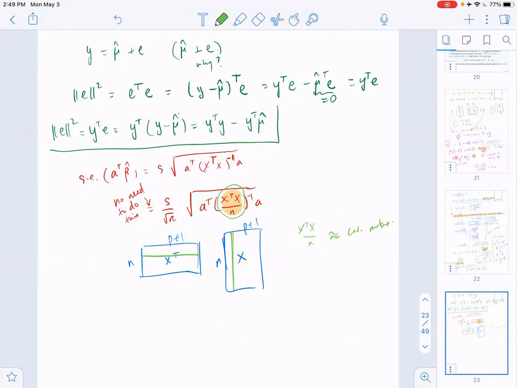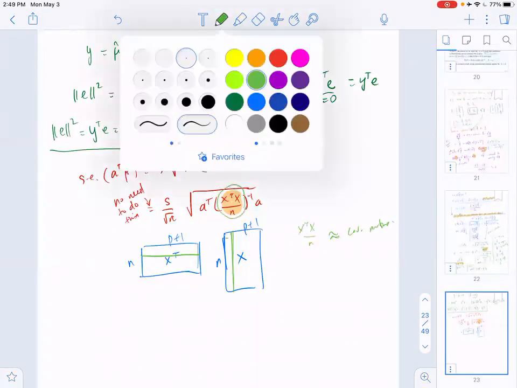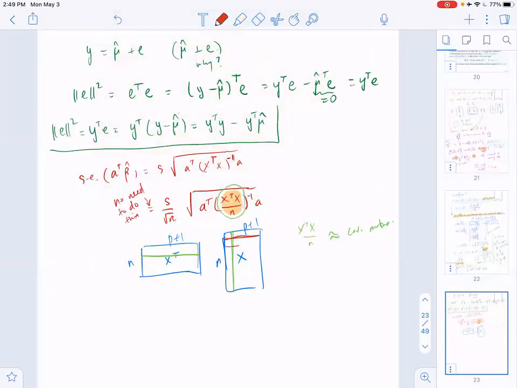We don't think of the X as random, but if you think the rows here are random draws independently from a distribution, and things are zero mean, then this would be a covariance matrix or a second moment matrix. So this stabilizes as n goes to infinity. This is not going to blow up, and this is going to converge to something constant.